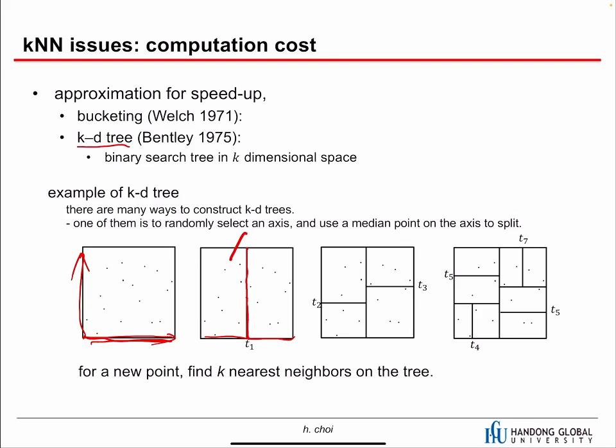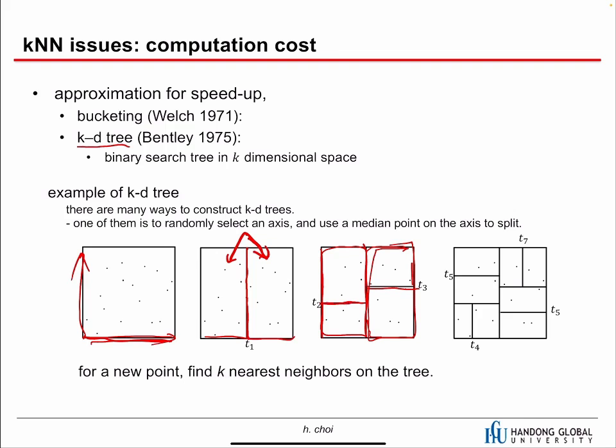So, a left subtree and a right subtree. In the left subtree, we do the same thing. We choose an axis, in this case this axis, then draw a line. With the right subtree, we do the same thing, split and keep going. So from the root node, this one is the left subtree and this one is the right subtree.